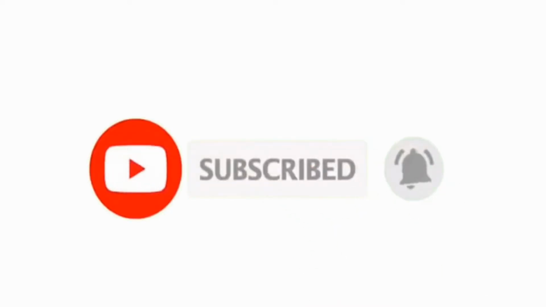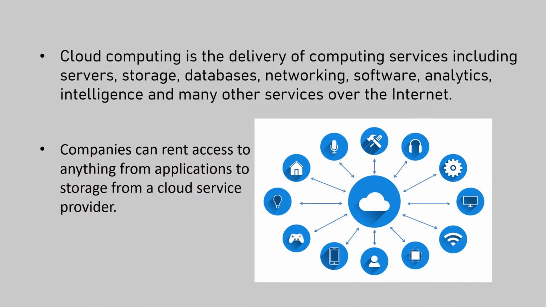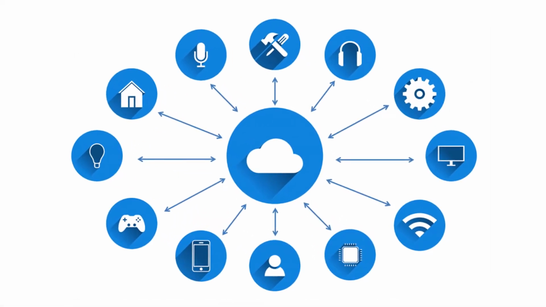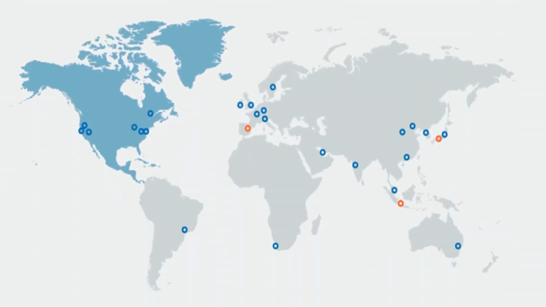So cloud computing is the delivery of computing services over the internet. Rather than owning a computing infrastructure or data centers, companies can rent and get access to anything from applications to storage space from a cloud service provider. To provide cloud services all over the globe, the service provider's global availability is a really important factor.